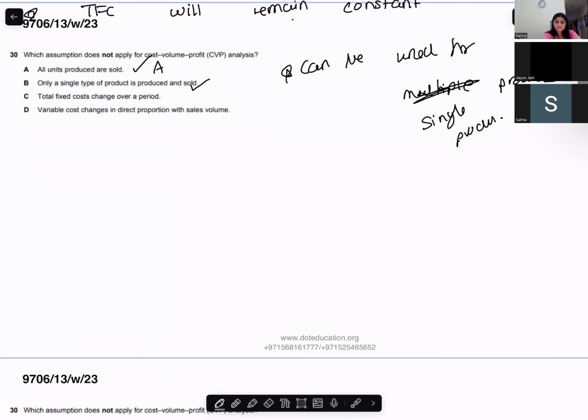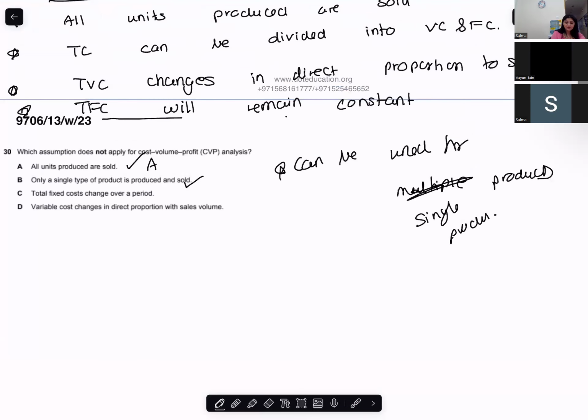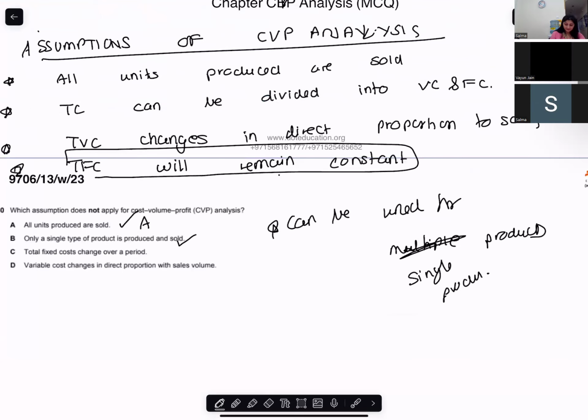Then total fixed cost changes over a period. Miss, total fixed cost will remain constant over a period, right? Is this an assumption proper for CVP analysis? CVP says that the total fixed cost will remain constant. So is this assumption correct or incorrect?